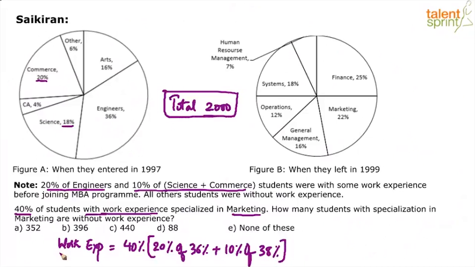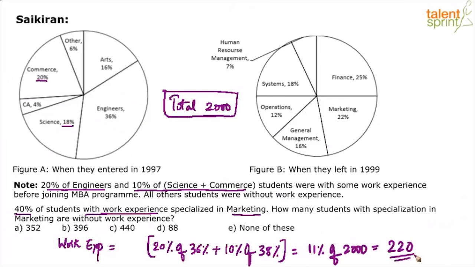So work experience would be 20% of 36% plus 10% of 38%. How much is this, by the way? 20% of 36 is 7.2 and 10% of 38 is 3.8. So 7.2 and 3.8 is what? 11%. 11% of what? 11% of 2000, which is 220.